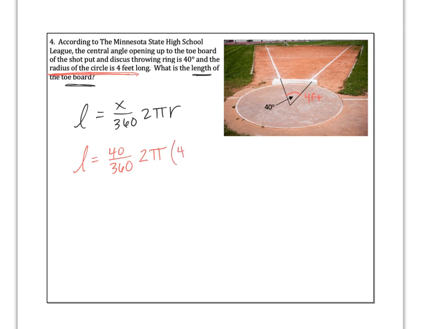So 4 goes in for r. All right, let's type it in, you guys. 40 divided by 360 times 2 times pi times 4. And I got 2.79, rounding that off, and that would be feet. So that toe board is a little less than 3 feet long in this case.